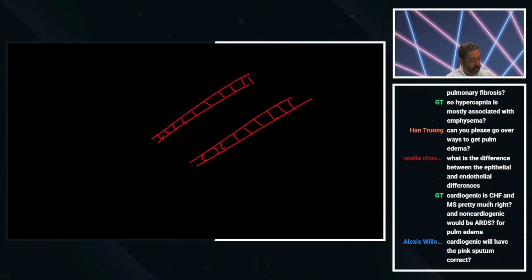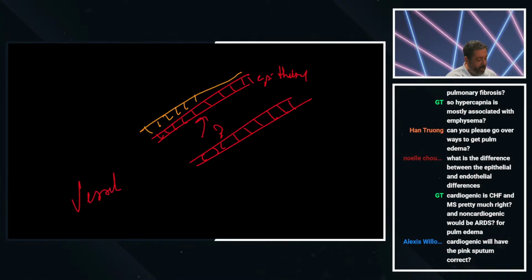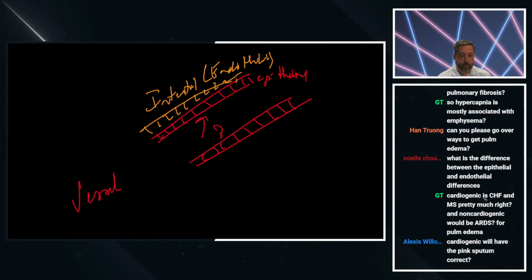If you look at this, this is a blood vessel. This is the epithelial. So it's a damage from the inside damaging the inside of the blood vessels. The endothelial is the layer on the outside protecting the interstitium. Is the endothelial. So it's on the outside. Surrounding.